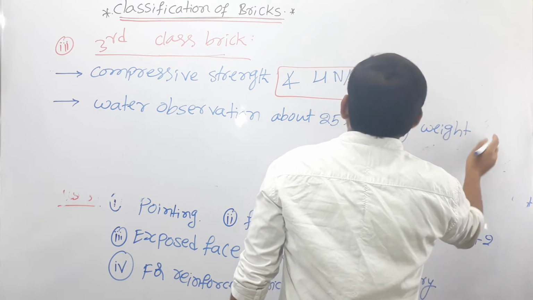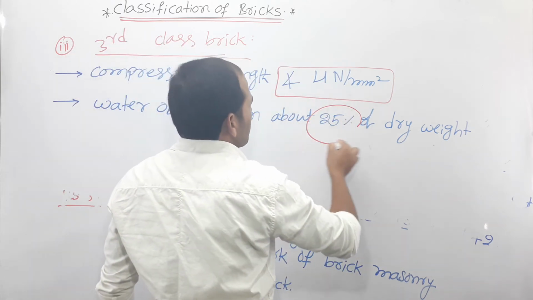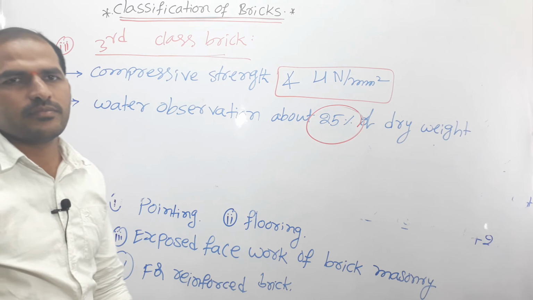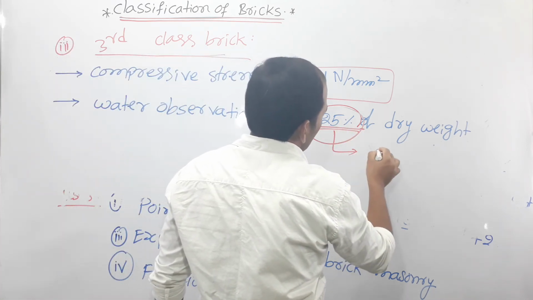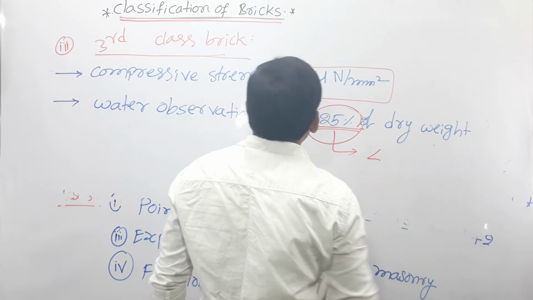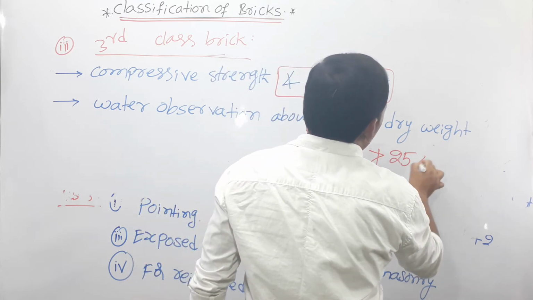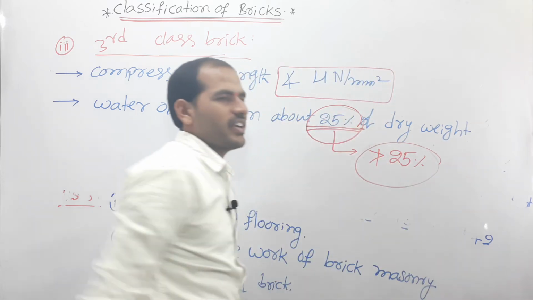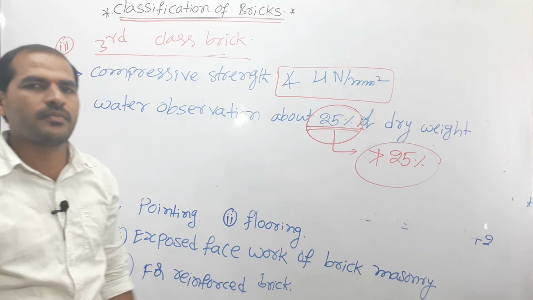So 25% of its dry weight is the water absorption for third class brick, which should not be more than 25% of its own weight.